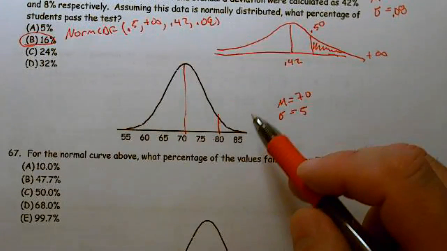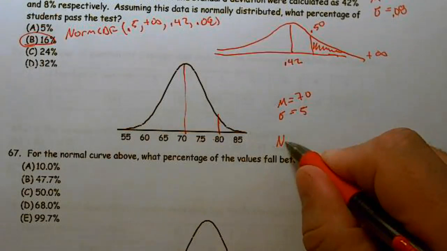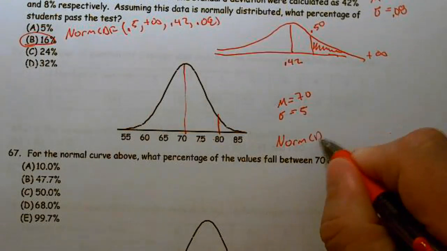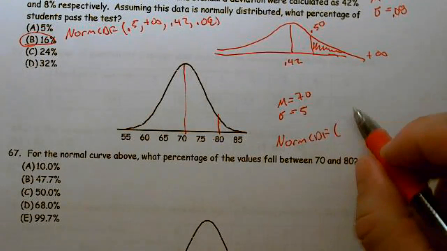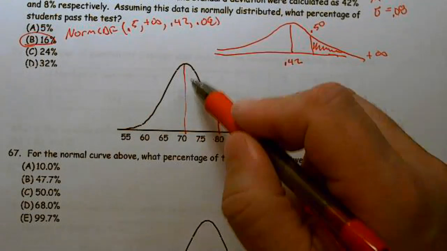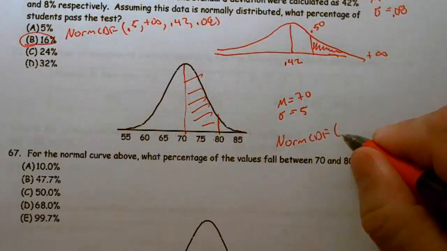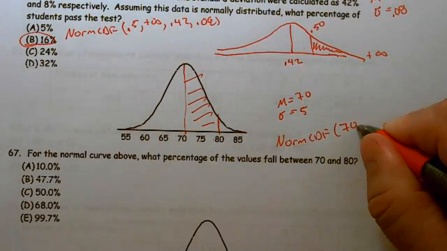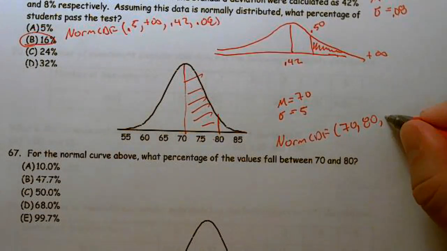So in this particular case, we have a norm CDF, the lower, because they went between 70 and 80. The lower in this case is 70. The upper is 80. Our mean happens to be 70.